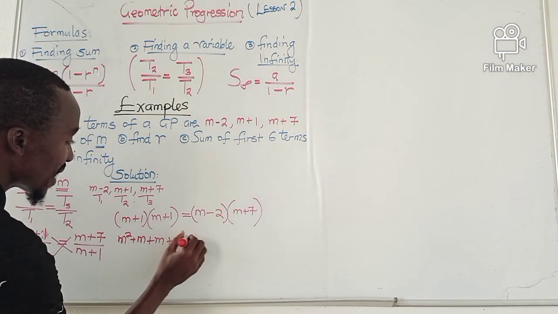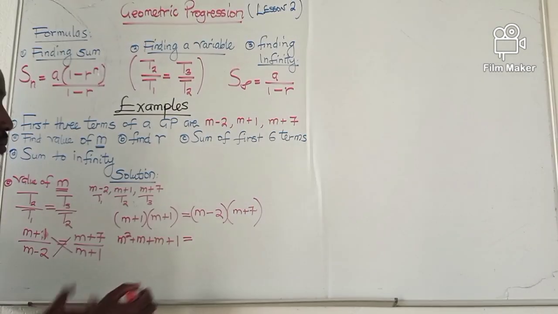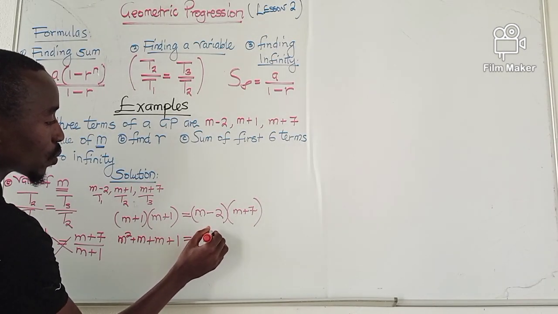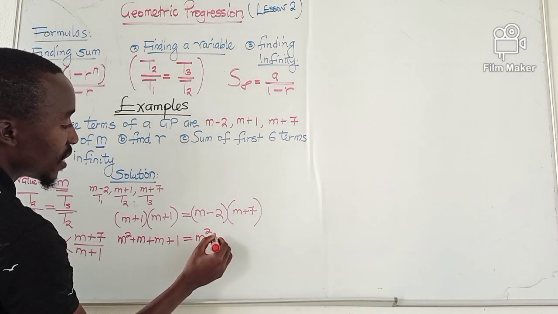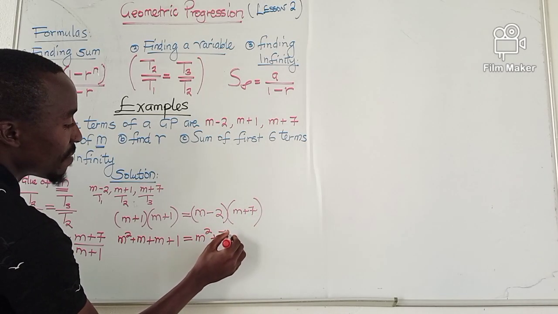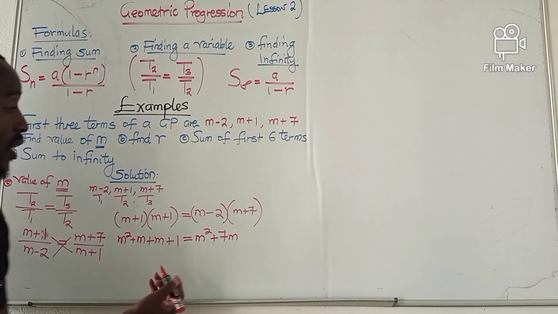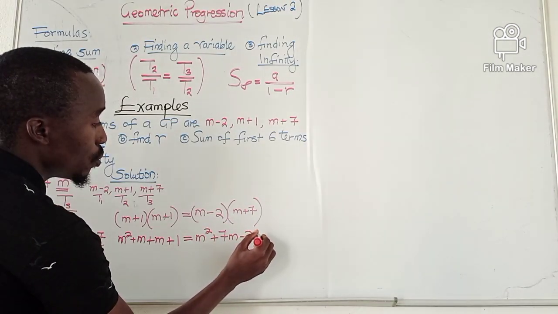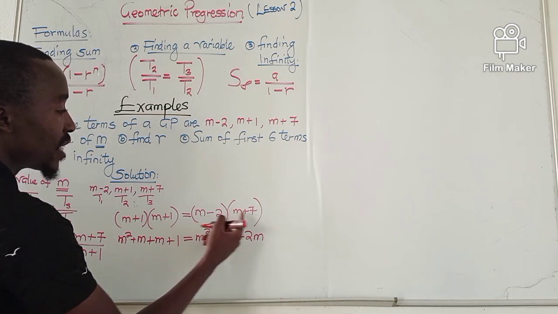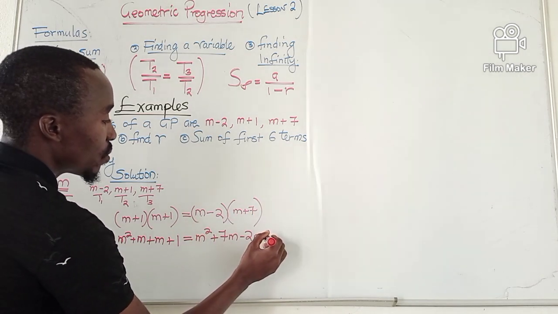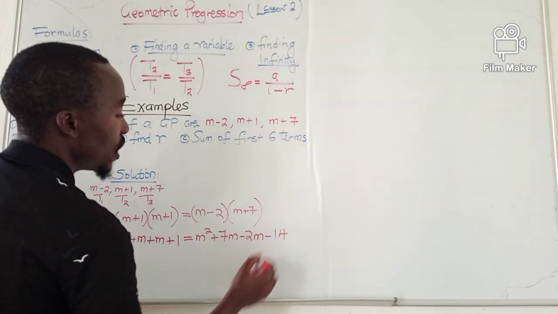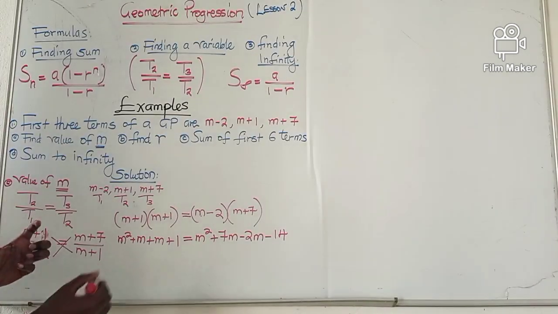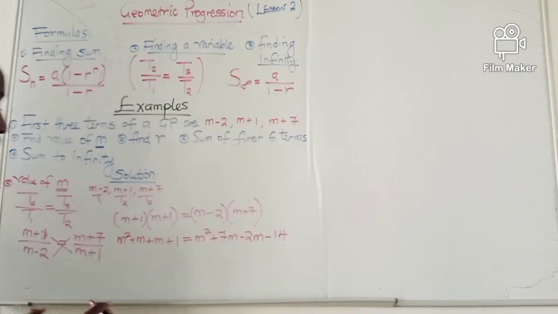We go to the other side and do the same. m times m gives us m squared. m times 7 is plus 7m. Negative 2 times m will be negative 2m. Negative 2 times positive 7 will be negative 14, because negative times positive is negative. When we reach here, we work it out.